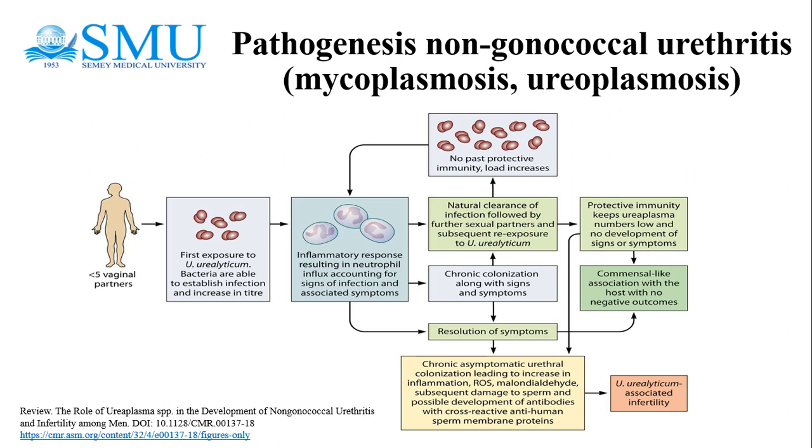Ureaplasma urealyticum may cause non-chlamydial, non-gonococcal urethritis, epididymitis, vaginitis, and cervicitis. However, Chlamydia trachomatis appears to be responsible for 30-50% of cases of non-gonococcal urethritis and cervicitis.